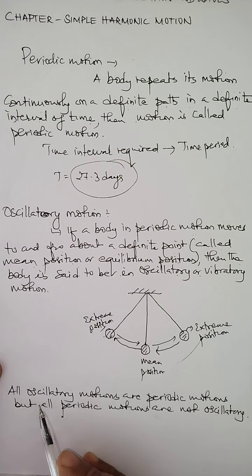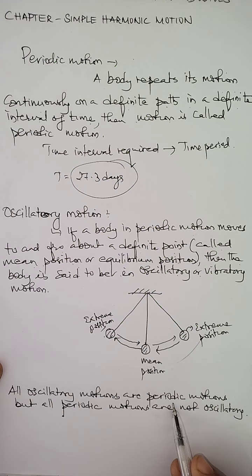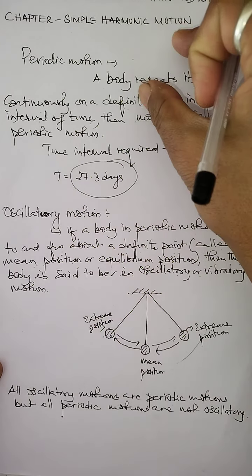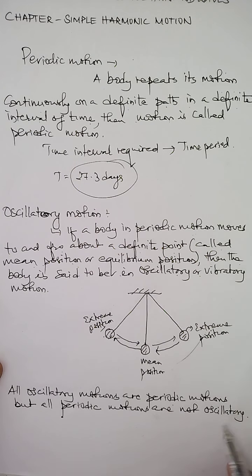But one important statement that you need to keep in mind between periodic motion and oscillatory motion is that all oscillatory motions are periodic motions, because oscillatory motions are a type of periodic motion. But all periodic motions are not oscillatory motions. Just like all alkalis are bases, but all bases are not alkalis. This is the statement that you have learned in chemistry. In the same way, all oscillatory motions are periodic motions, but all periodic motions are not oscillatory. Let me give you one example.